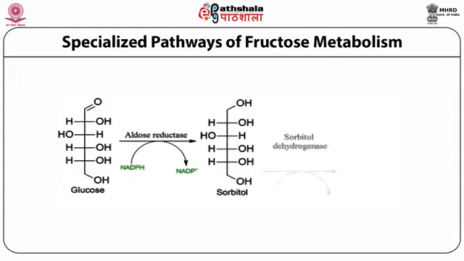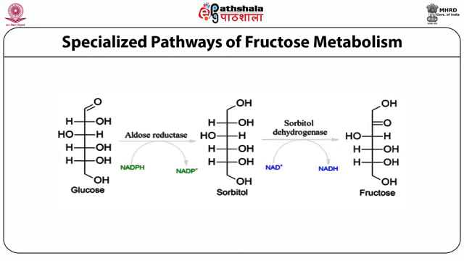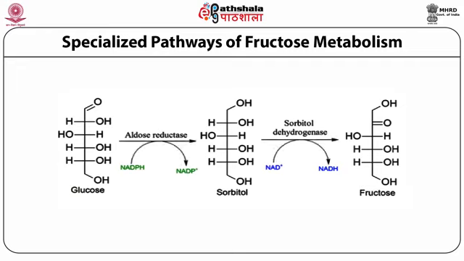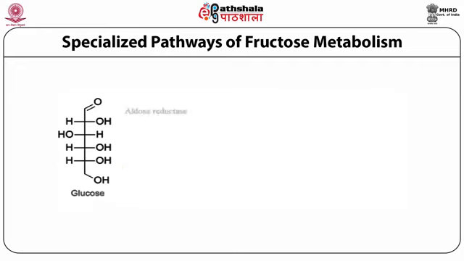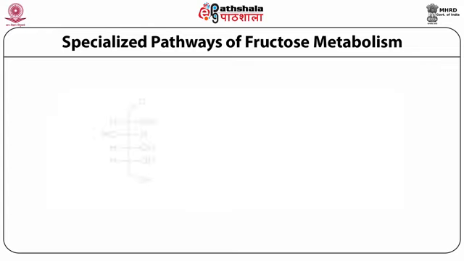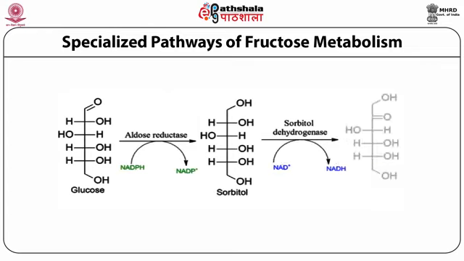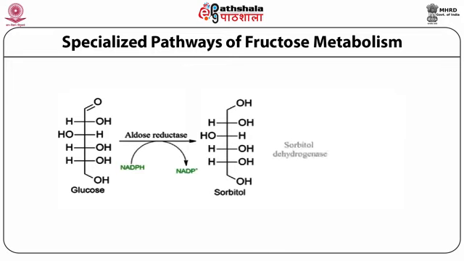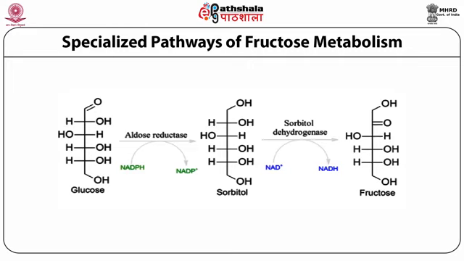The figure shows the specialized pathway of fructose metabolism. In the specialized metabolic pathway of fructose, first I will explain it in spermatozoa. Fructose is the major energy source for spermatozoa and is formed from glucose in the seminal vesicle.